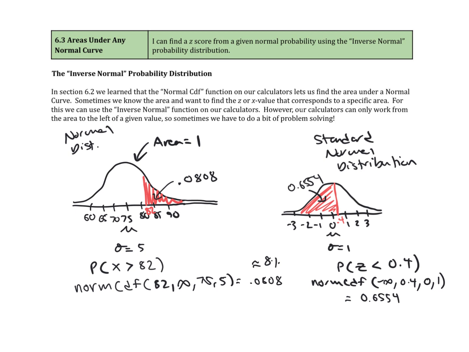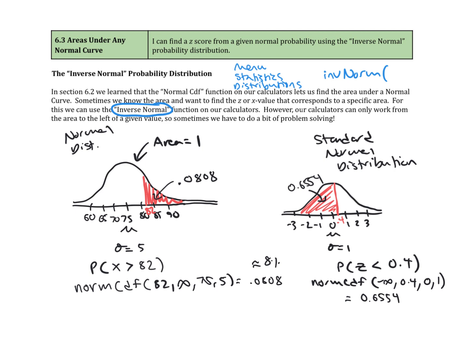So for the inverse normal on the calculator, you're going to press Menu, and then Statistics, and then Distributions. Same place we've found all the other things we've been using lately. And then you'll find inverse normal.